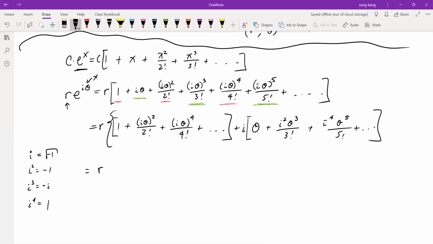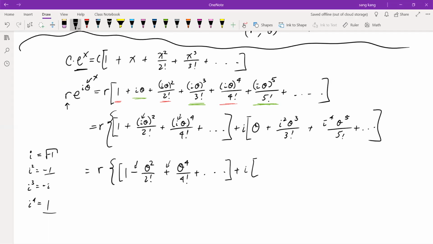So this would be 1 minus theta squared over 2 factorial plus theta to the fourth over 4 factorial plus dot dot dot, because I took this i squared and made it minus 1, and this i to the fourth and made it plus 1. So that's my first grouping.